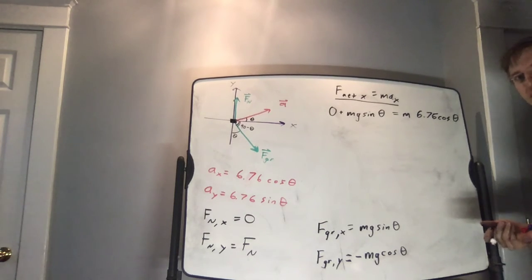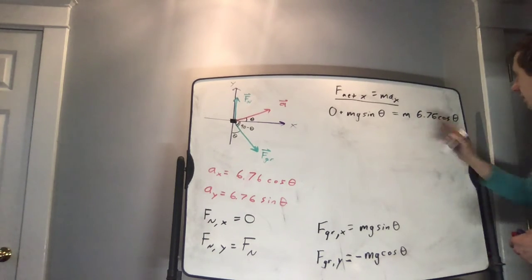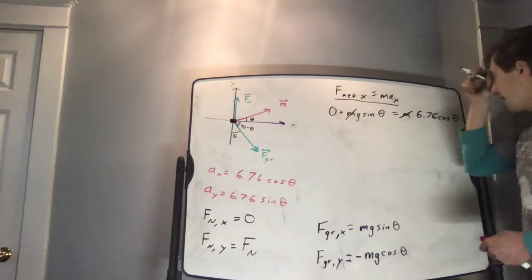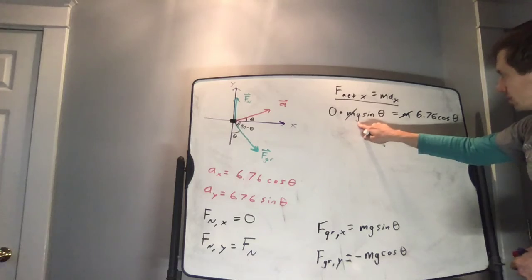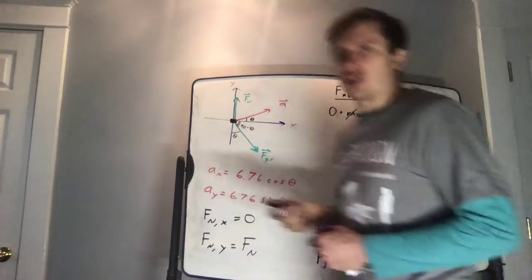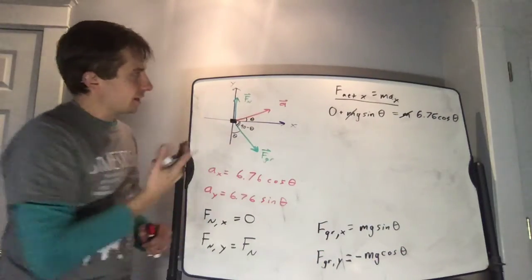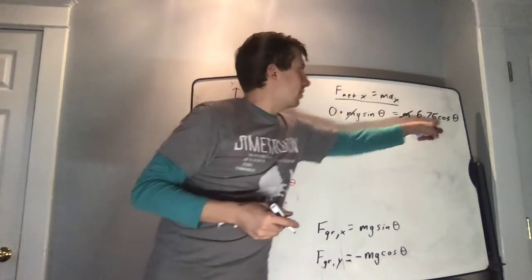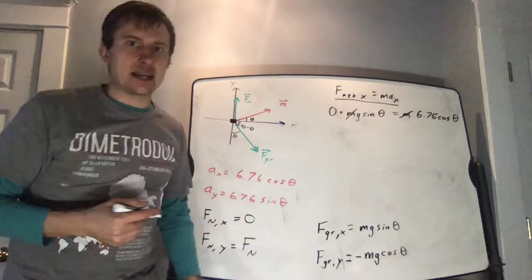Now I look at this equation as it's written. I notice I have m on both sides, so I could cancel it. I could bring g, the acceleration due to gravity, to the right-hand side. I could bring cosine to the left-hand side.